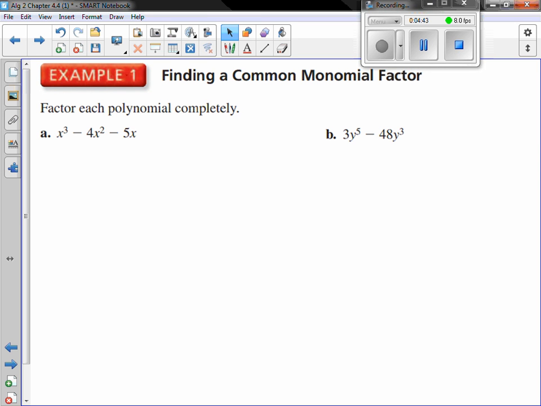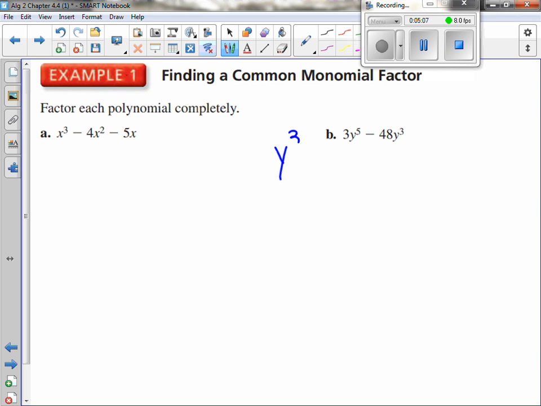Well, let's look at the next one here: 3y to the 5th minus 48y cubed. Is there a greatest common factor between 3y to the 5th and negative 48y to the 3rd? I'd say y to the what? Third, because there are at least 3 y's in both of those terms.